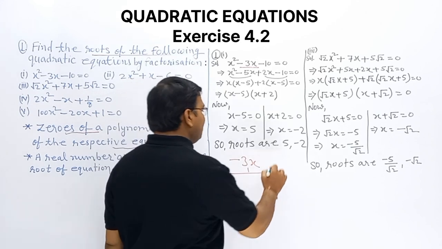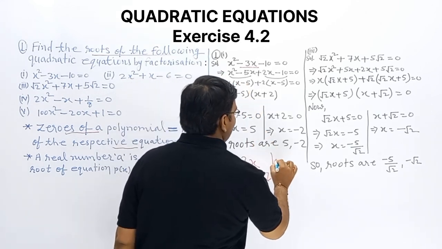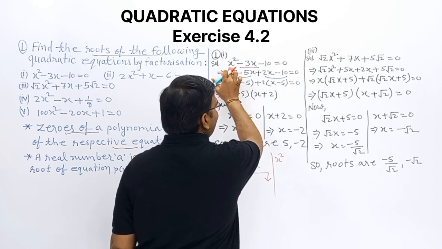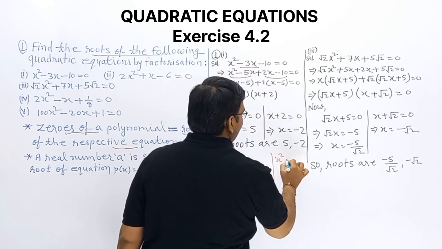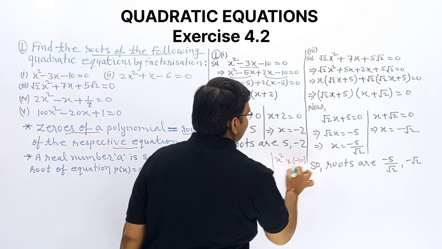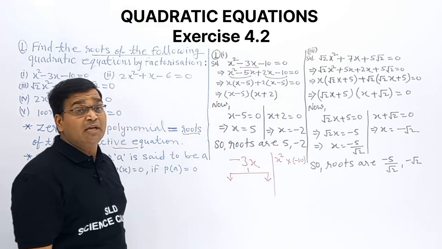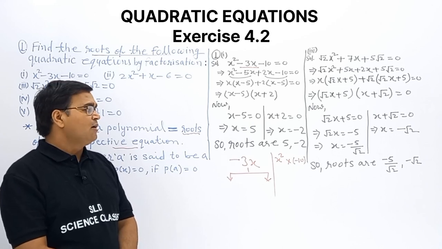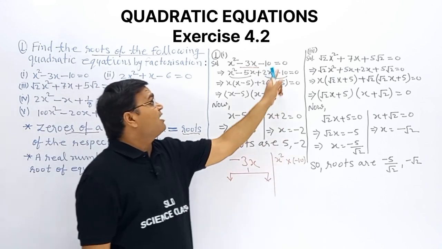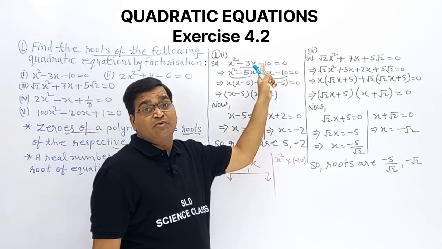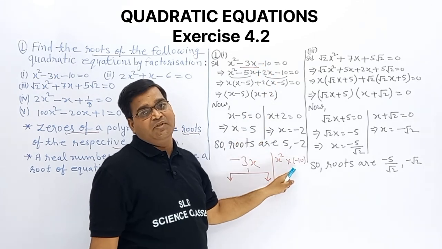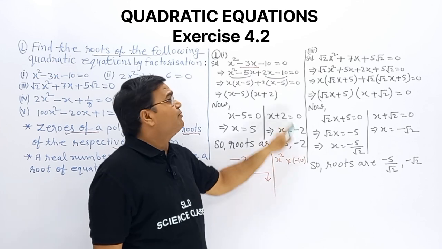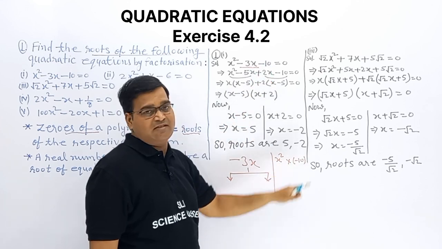Now, parallelly do the product of the first and last term. The first term is x square and the constant term is -10. If negative numbers are there, write them with the sign; if it is plus 10 we can write directly 10, but minus is there so we use -10.